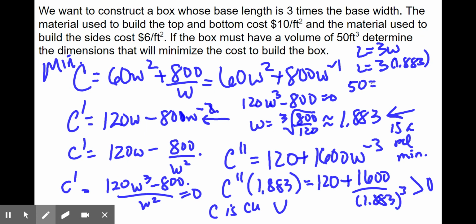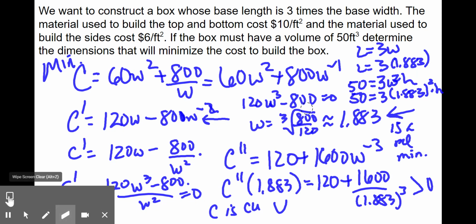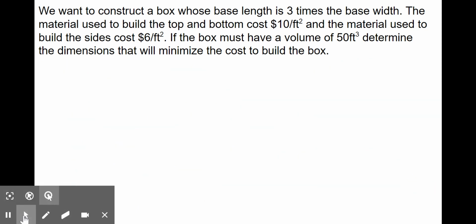It was like 3w squared h, I think. So 50 is equal to 3 times w, which is 1.883 squared, times h, and you can solve for h, and that gives you the 3 dimensions. All right, so it's a little time consuming, but it's not too bad.